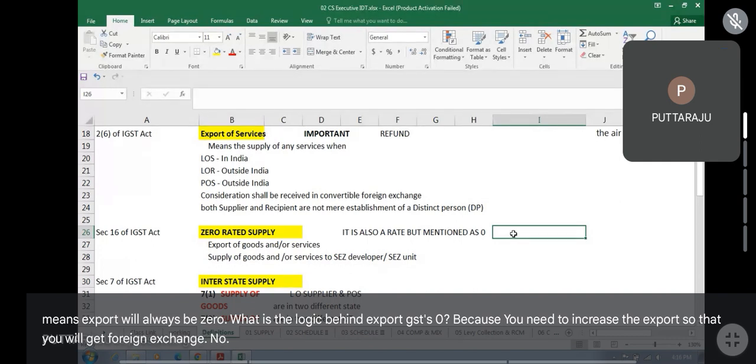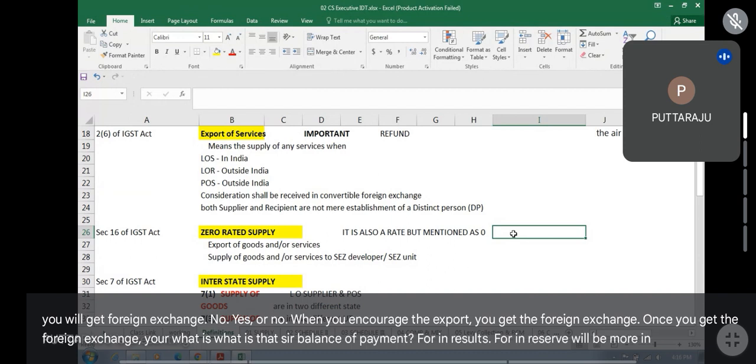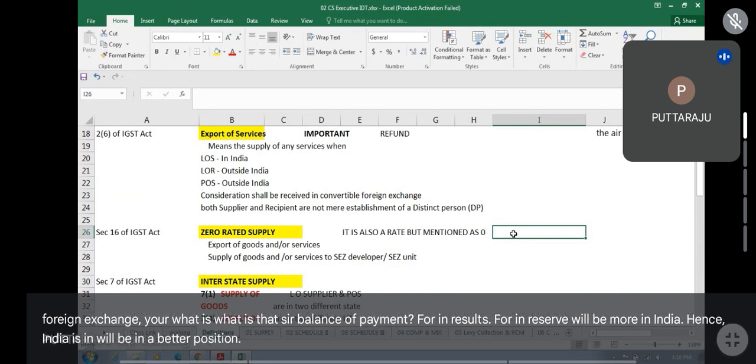When you encourage export, you get foreign exchange. Once you get foreign exchange, your what is that, sir? Balance of payment, foreign reserves. Foreign reserves will be more in India. Hence, India will be in a better position, right?